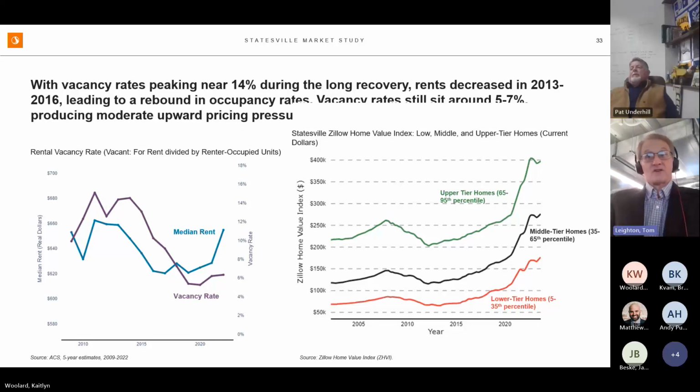That can have some benefits for existing homeowners, but it can be a challenge for someone entering the market. And rent increases can certainly be a challenge for existing renter households. Those also signal to developers that they may be able to build more housing. It's a signal of demand for housing when rents increase like that. Next slide, please.